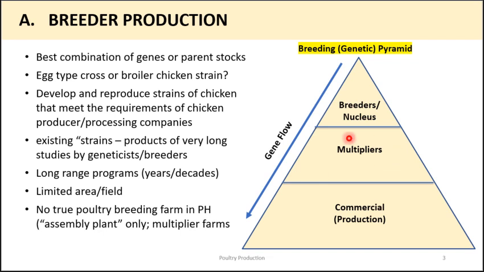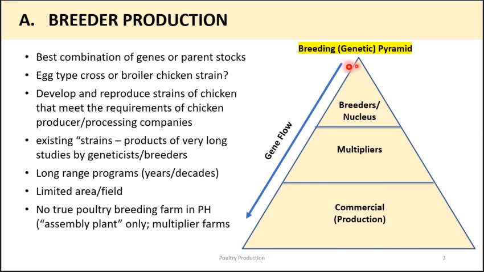And then after crossing, their offspring are sold to or used by the commercial farms. The commercial farms cross these, and the offspring of the animals from these commercial farms are sold either for slaughter or for table egg production. That's it. That is our breeding or genetic pyramid.